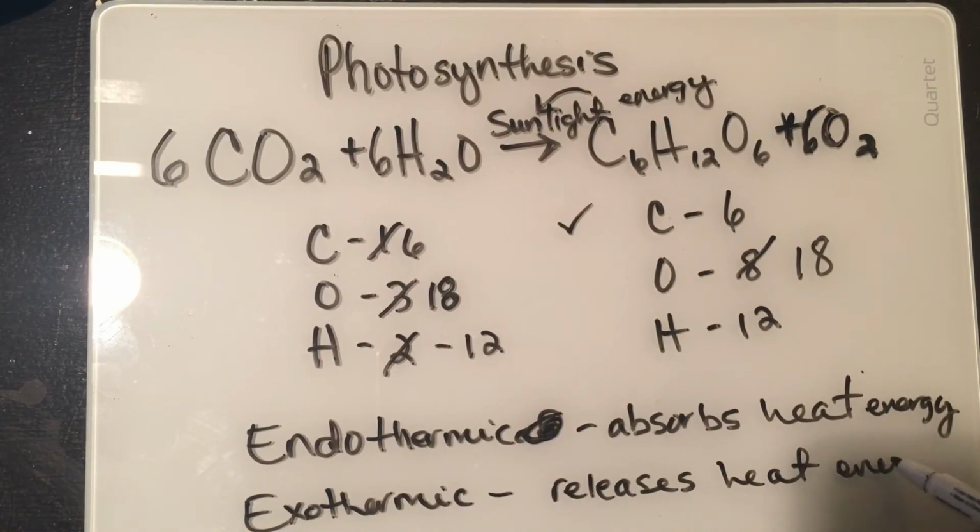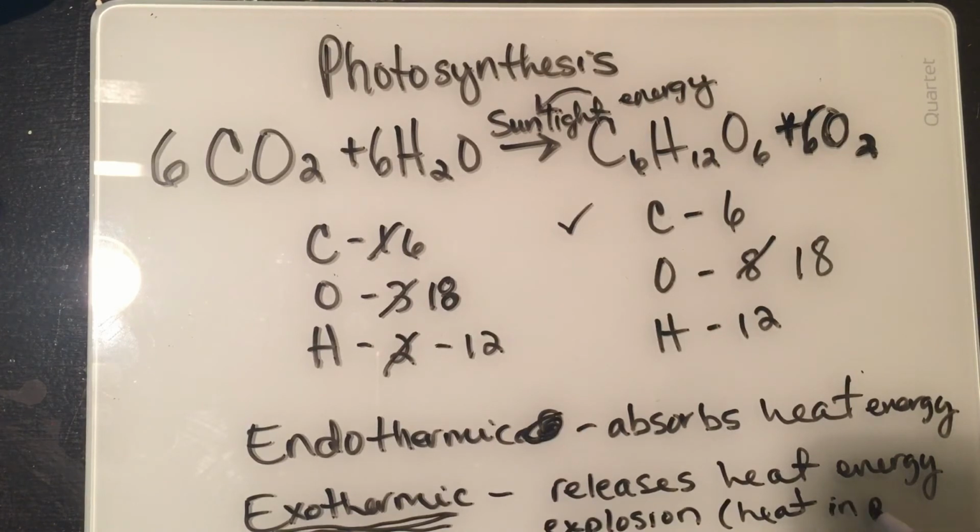Heat, energy. Okay? So exothermic is going to be where heat is released. So an explosion or anything where you have heat coming out in the products is going to be exothermic. Okay, so your products are going to be hotter than the reactants.